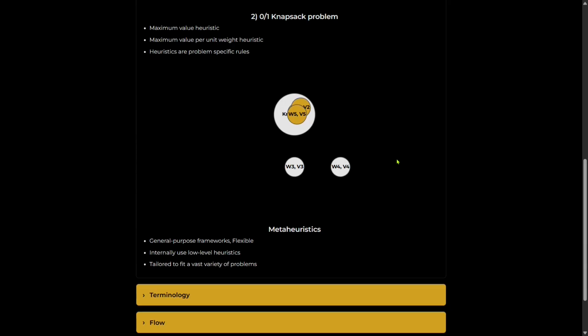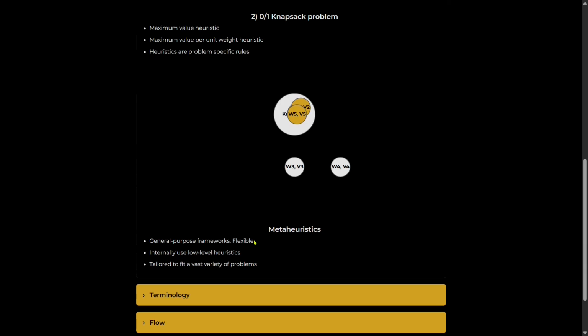The broader point being that heuristics are problem specific rules. They're designed to fit the structure of the problem at hand. The downside here is that these rules don't port from one problem to another.